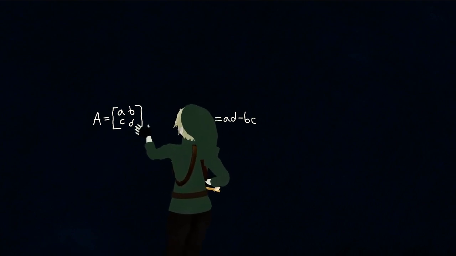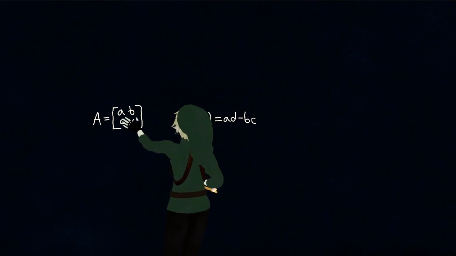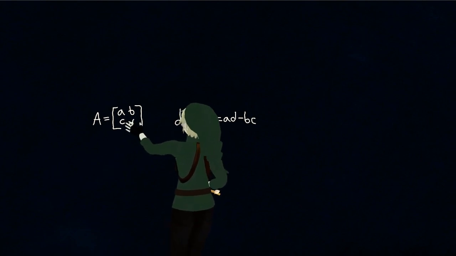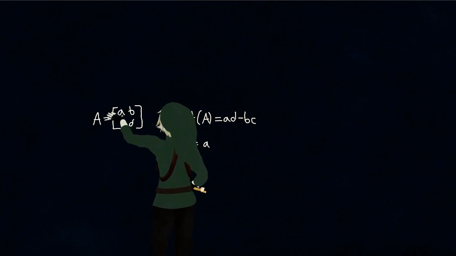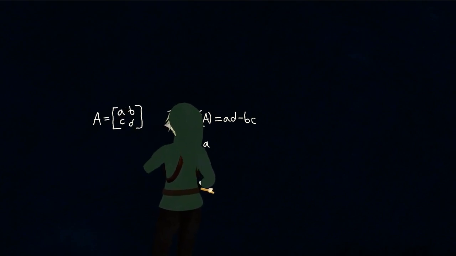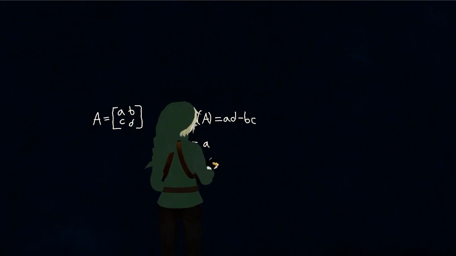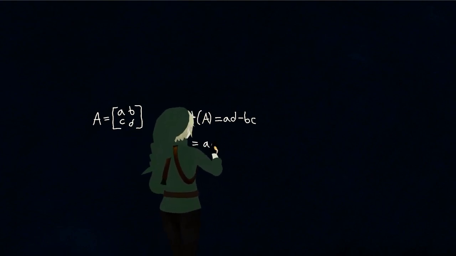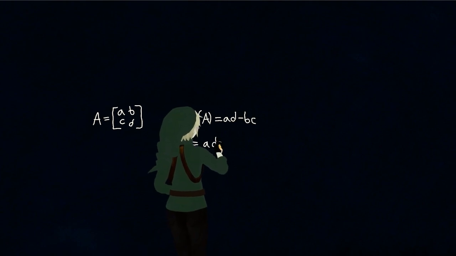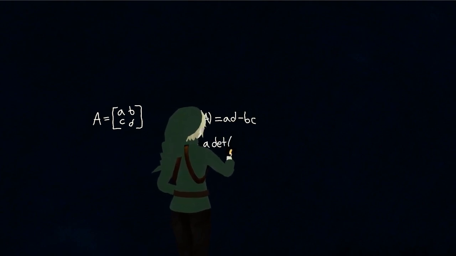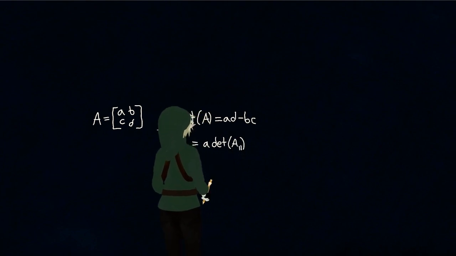We're going to make D the lonely submatrix, which means that we have to delete row 1 and column 1, so we will have A, and we will have the determinant of A11.